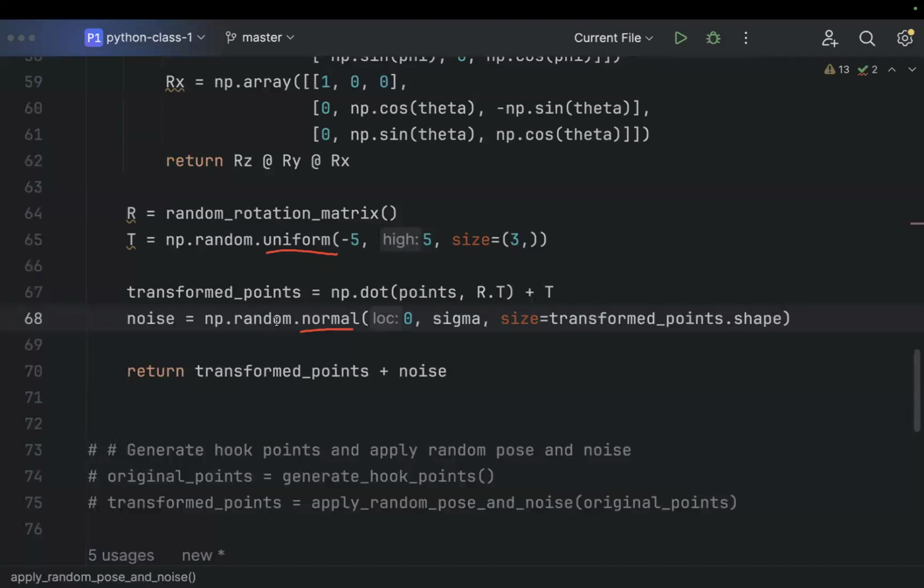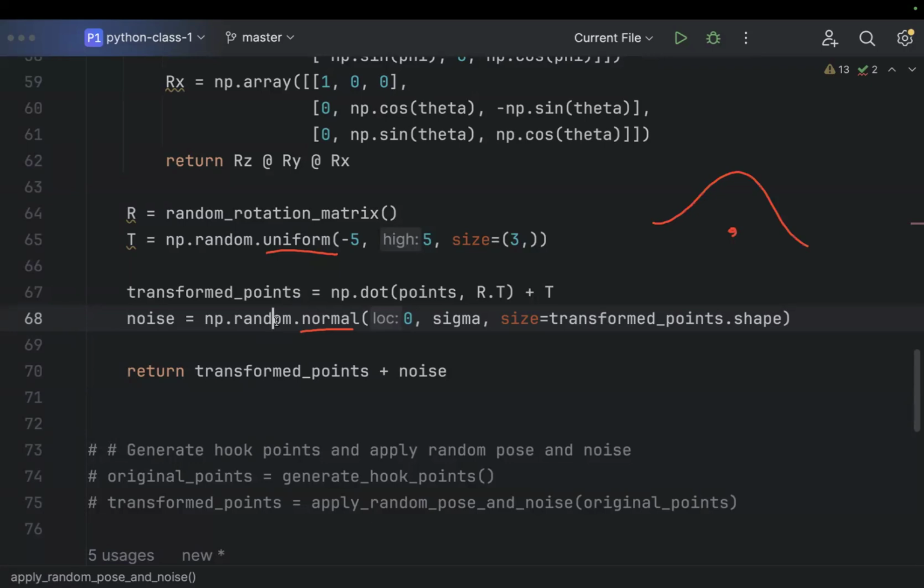In this case, I sampled from random uniform to create a translation because I want it to be equally probable in the whole space that I'm considering. But I sampled from random normal to create the white noise around the point position. Is it clear what I'm doing here? I'm first translating the object with a random vector.